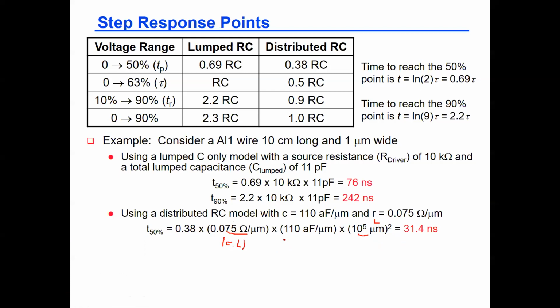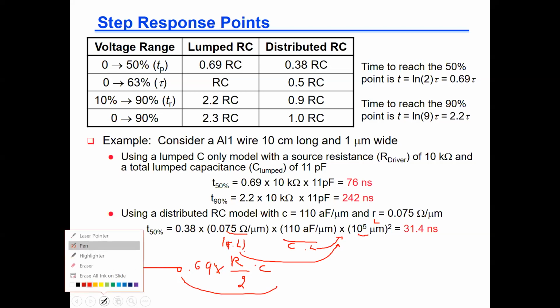So this is little r, and this is little c, and it's also multiplied by L. So this is R wire times C wire, and the time constant is over 2, and I need to multiply this by 0.69, and I get the 50% delay for the wire. Okay, so it's simple, it is basic. I really need to find big R, big C divided by 2 and multiply it by 0.69.